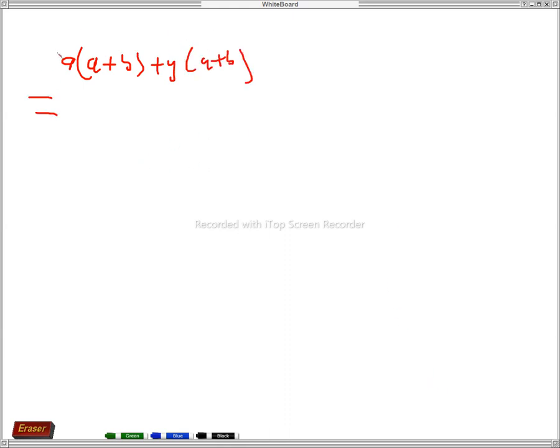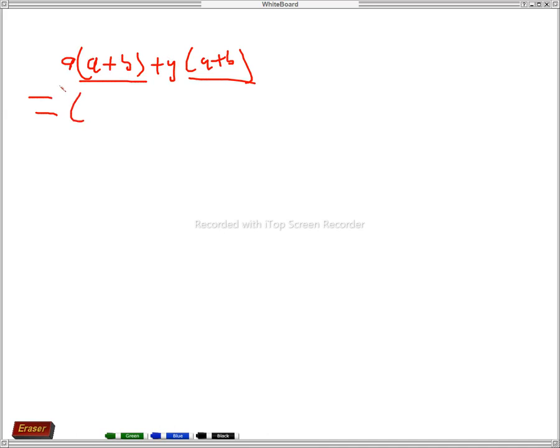When we look at this one, everything is already done. Since it is already factorized, we are not supposed to go back to the question, you understand? You must not remove this bracket. What you must do is look at the common factors. We have a plus b and a plus b. These are the common factors.